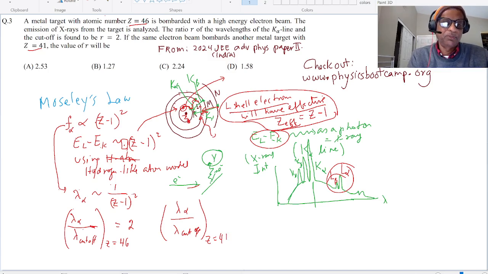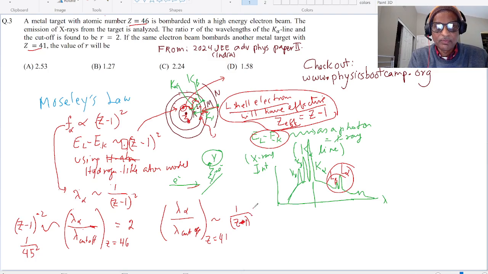So I want to find this. This one is proportional to 1 over (Z minus 1 minus 1) squared because of this, so 1 over 45 squared, and this one is proportional to 1 over (Z minus 1) squared, so that's 1 over 40 squared.